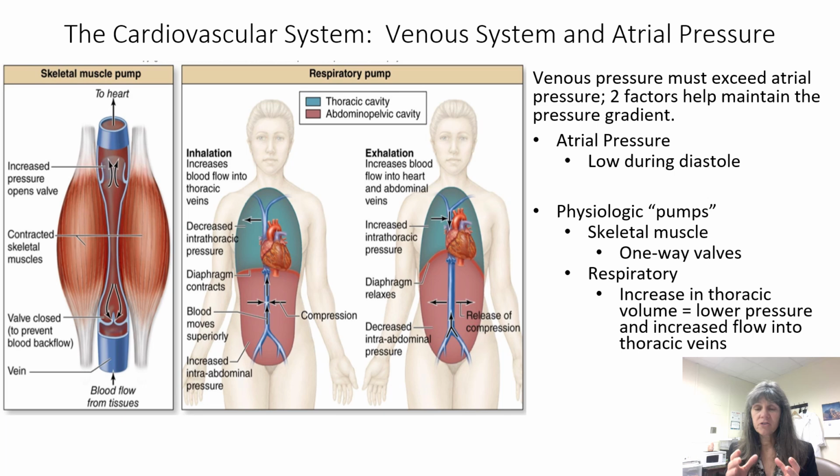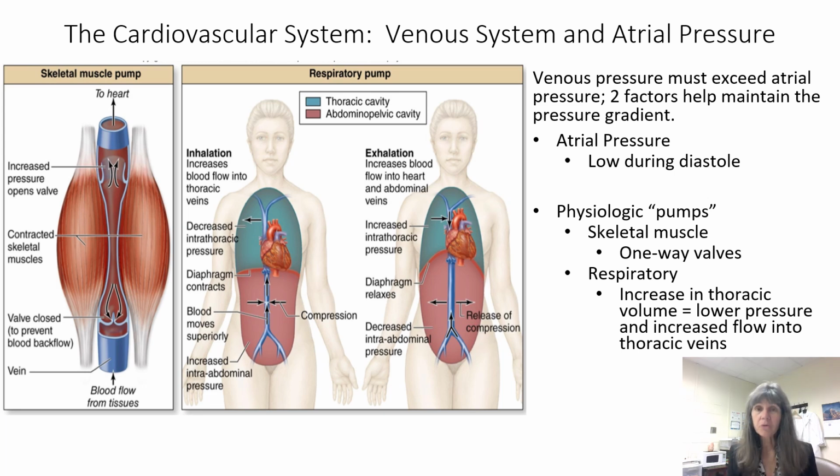Remember that during diastole, which is relaxation, atrial diastole means that the atria is relaxed and that the pressure within those chambers is low. And so as venous blood comes back to the heart, well, we have skeletal muscle that helps, when it contracts, pump and move that venous blood through the valves towards the heart.